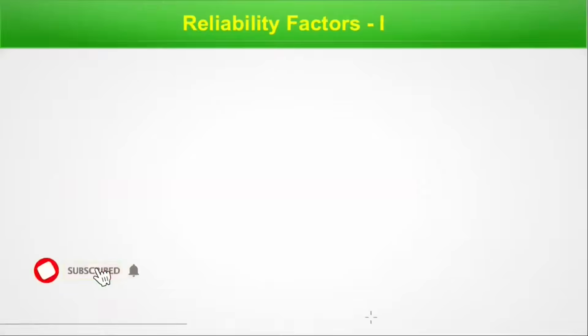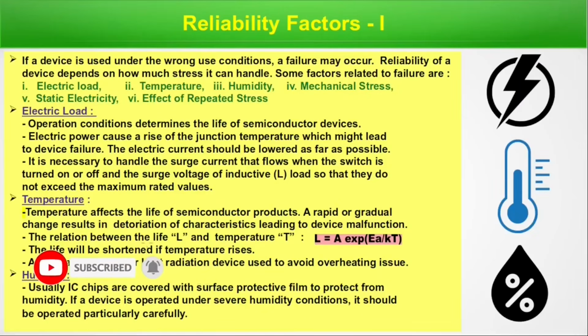Now reliability factors. What are the factors related to reliability? If a device is under wrong use condition, a failure may occur. Reliability of a device depends on how much stress it can handle. Some factors related to failure are electric load, temperature, humidity, mechanical stress, static electricity, effect of repeated stress.